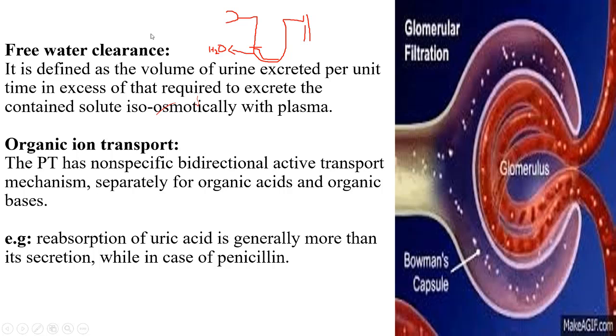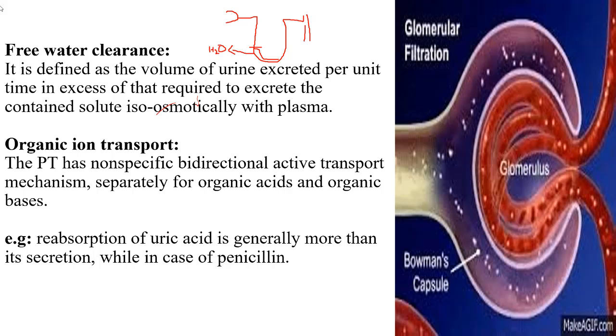We have another classification, which is isotonic. That means you have equal amounts of solutes and water. And next comes organic ion transport. This happens mostly in the proximal convoluted tubule only. In the proximal convoluted tubule, the transport is bidirectional. It won't be that it only reabsorbs or only secretes. This is the reason most drugs act on the proximal convoluted tubule.